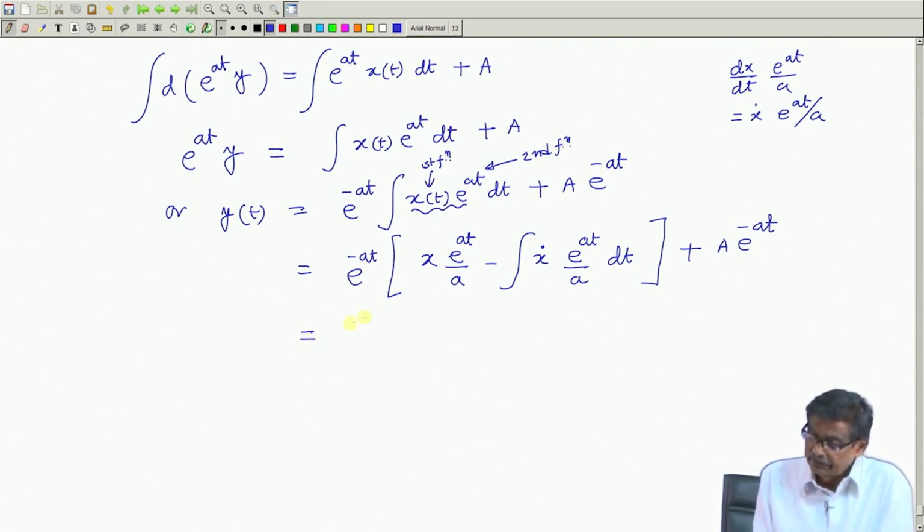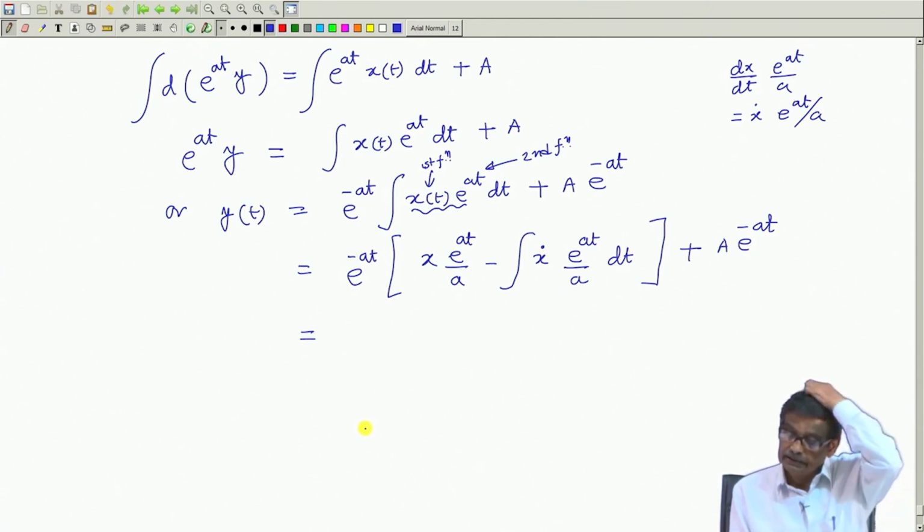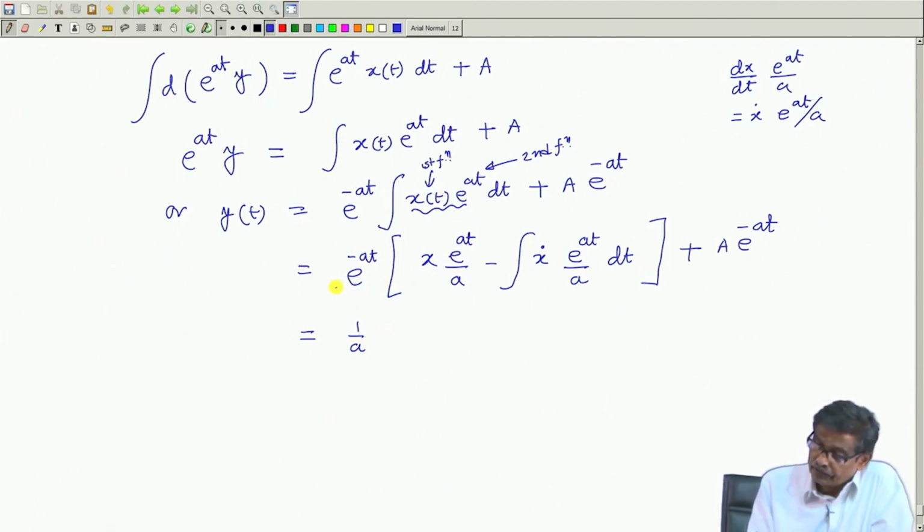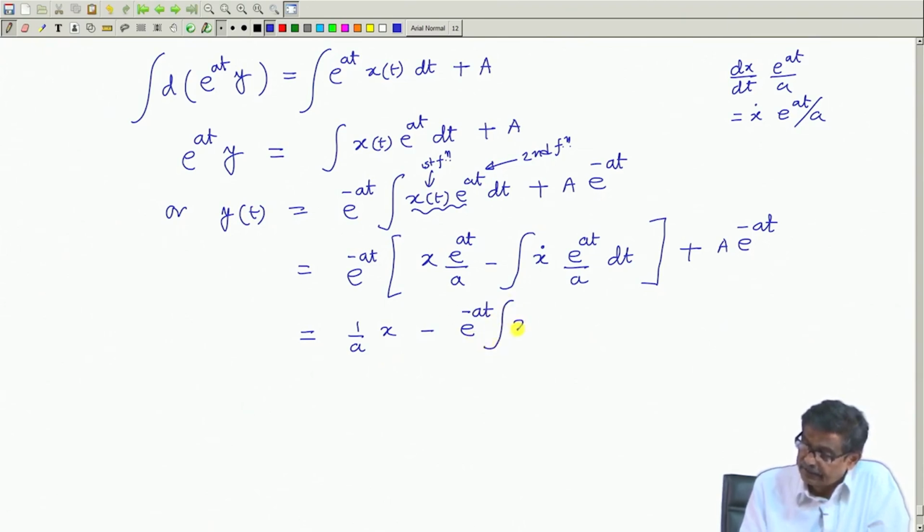So, the solution will then look like 1 over a; put this e to the power minus a t inside. So, this will cancel out, it will be x minus e to the power minus a t, which comes before this integration, and then the integration of x dot into e to the power a t, and this 1 by a can come outside the integral.